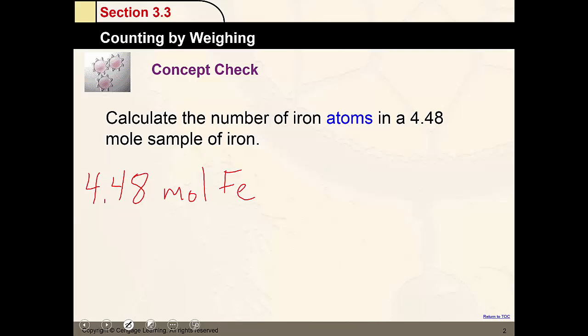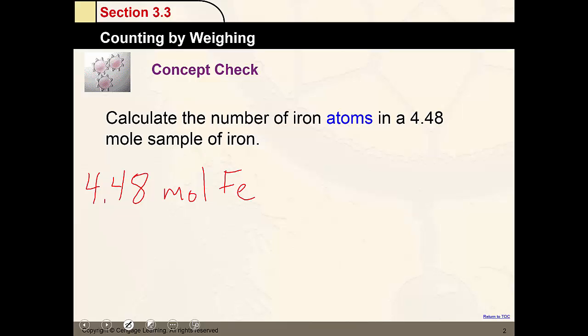So not just 4.48 moles, but 4.48 moles of iron, Fe. So this is where we're starting. Moles, and we have to think about where we're ending up, and the question is asking us to calculate the number of iron atoms. So that means in this type of problem, we're converting from moles to atoms.